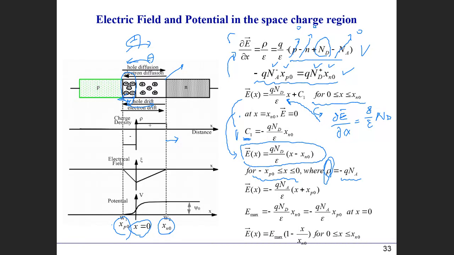Following a similar approach, if you calculate the electric field, you get the electric field with this equation. Using these two, if we plot, we have the distribution of the electric field from this equation.